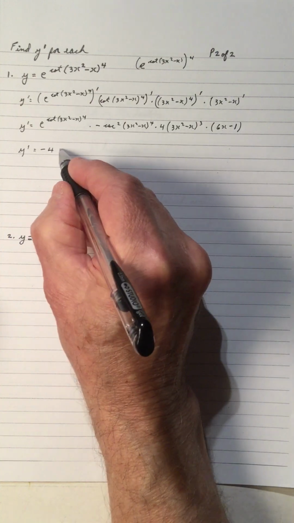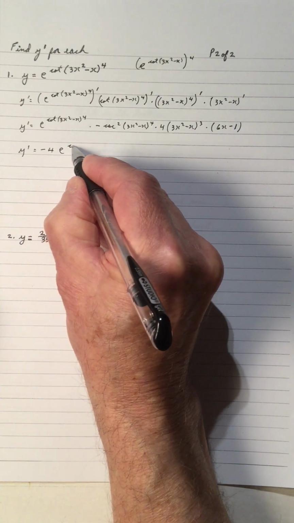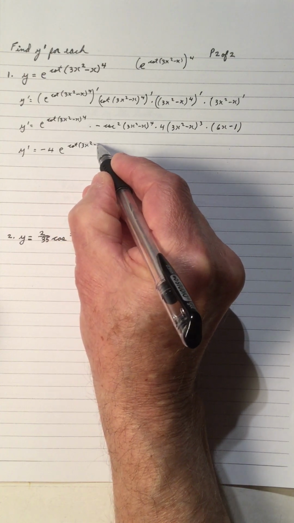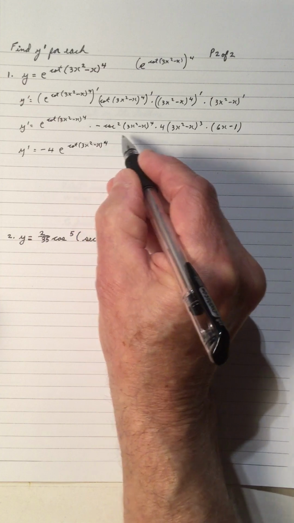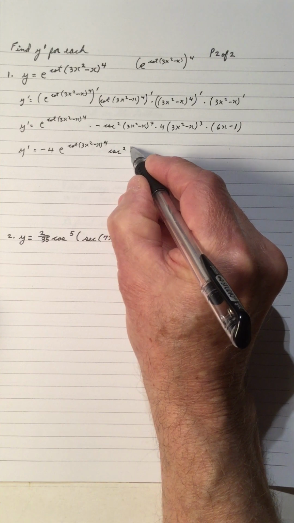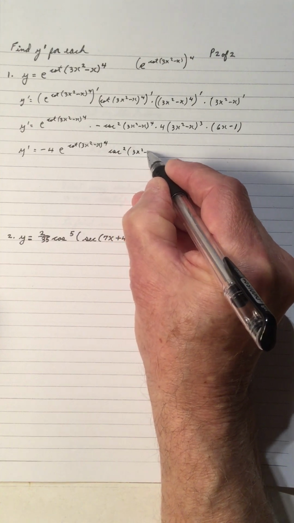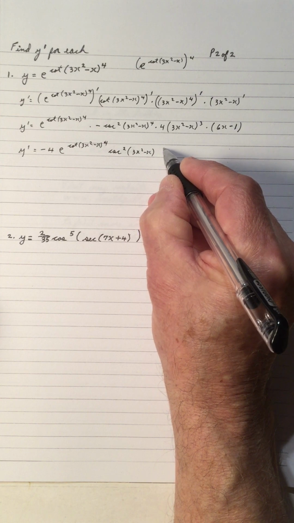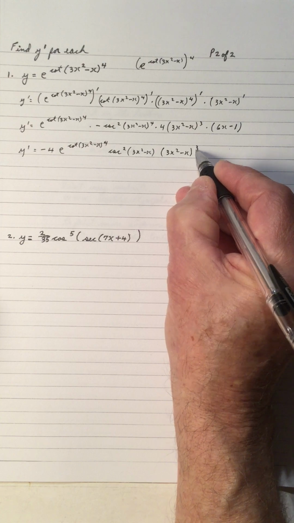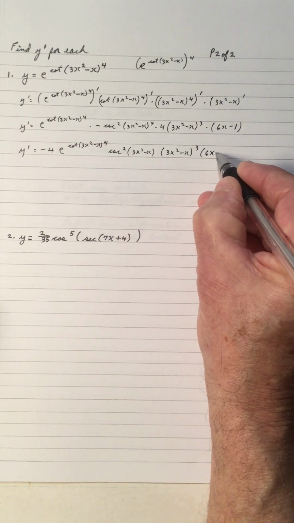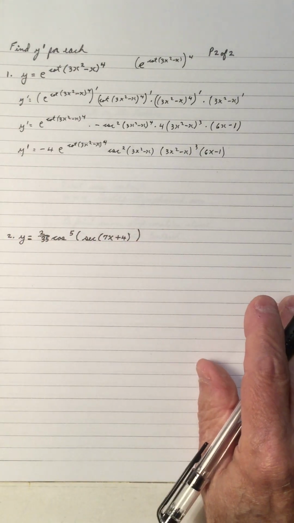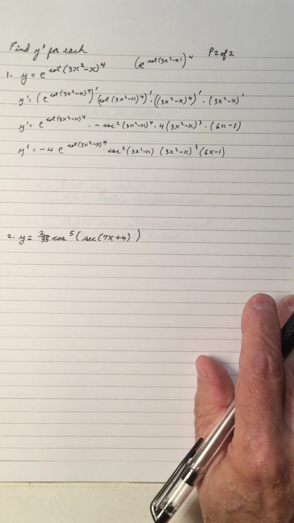That's e to the cot of 3x squared minus x to the fourth power, and we have cosecant squared on this angle, 3x squared minus x to the fourth, and we have 3x squared minus x being cubed, and we have 6x minus 1. Again, the more you see, hopefully the more you'll understand how it works out.